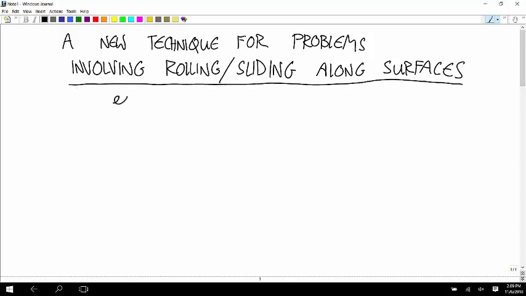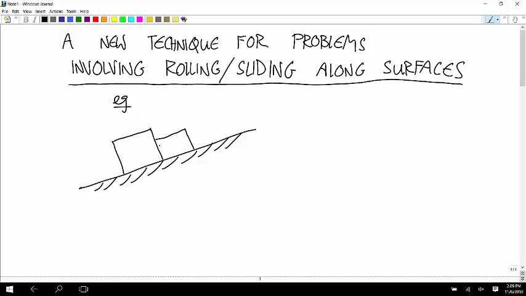Okay, so if you have a problem like, you have a surface like this at an angle, and you have a box here and a box here, and a force is applied like this.